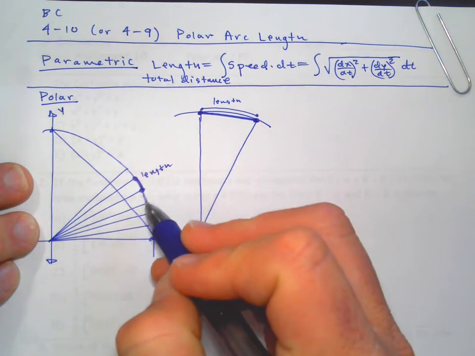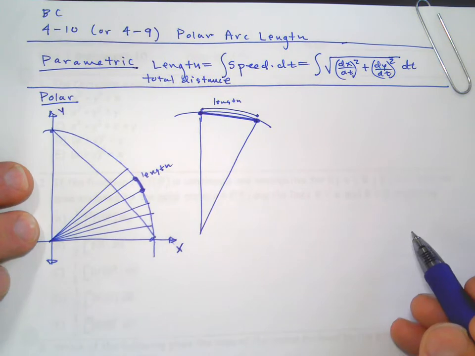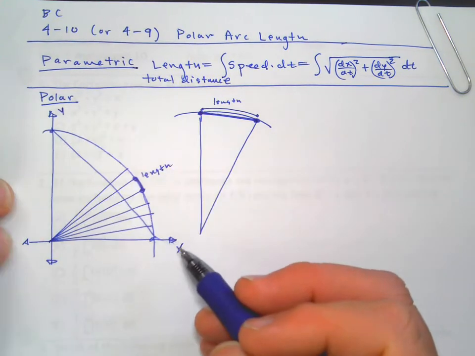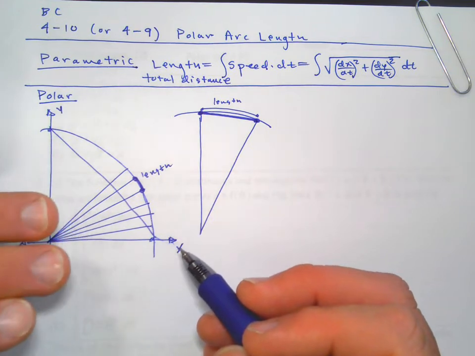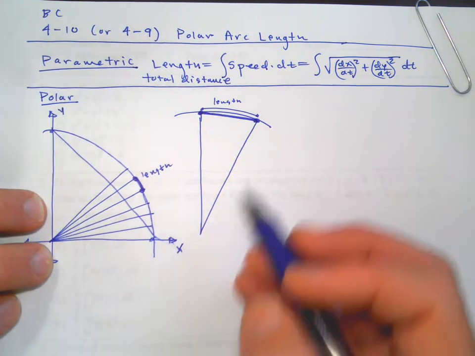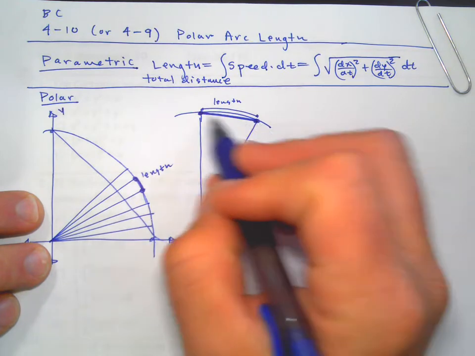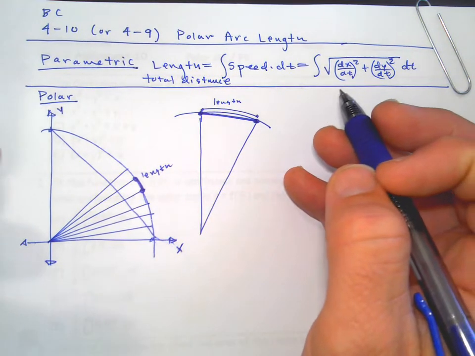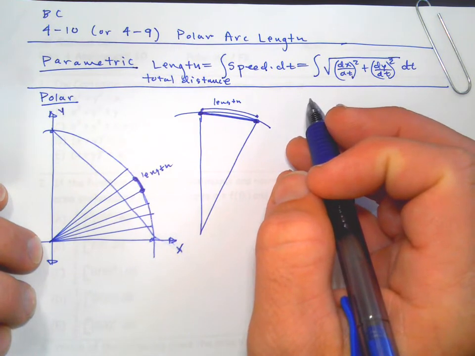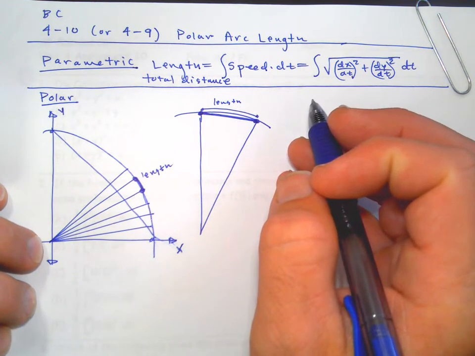But if you started doing it for all of these, it'd look closer and closer to the actual curve. And so if we do infinitely thin slices, infinitely small, we call these, I think, a secant line for the curve. So we're going to use that.